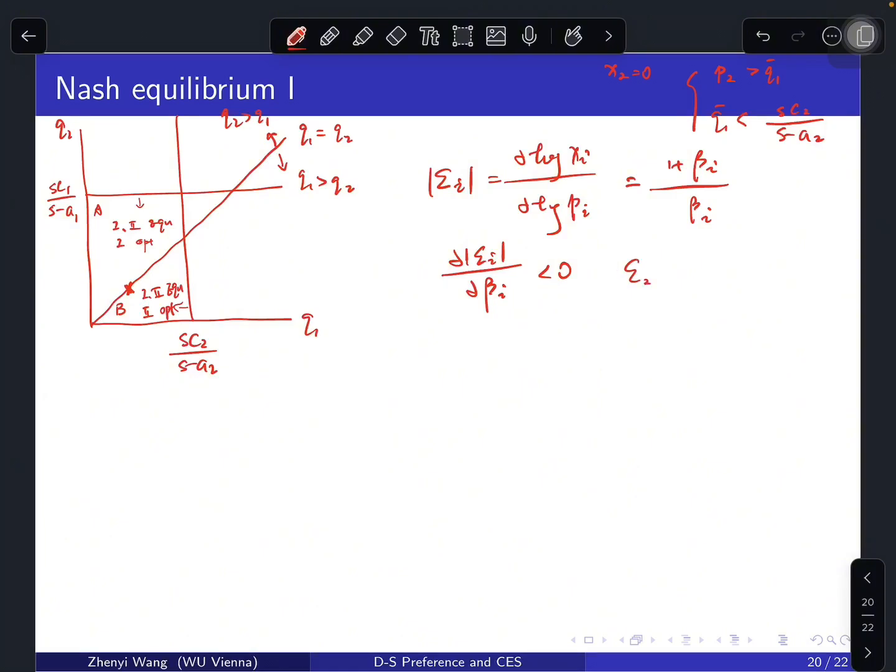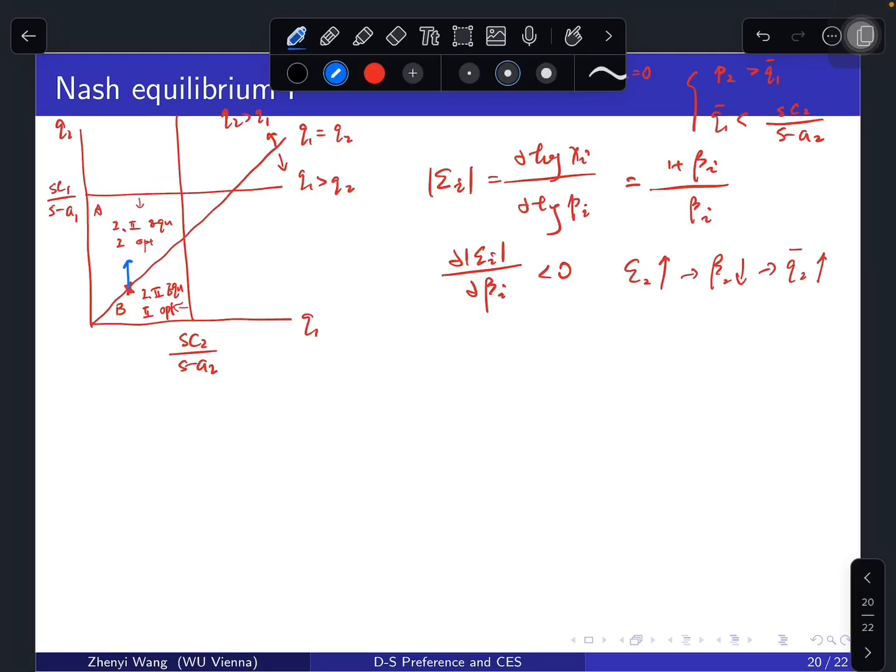So if the elasticity of x2 increased, it means that beta 2 will decrease, and the aggregate price level of Q2 will increase. So Q2 is increasing.